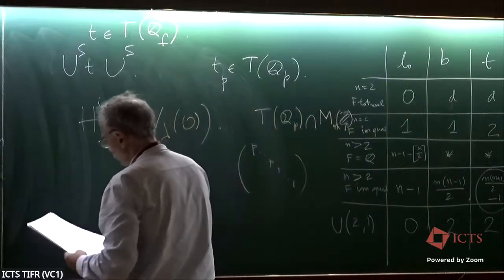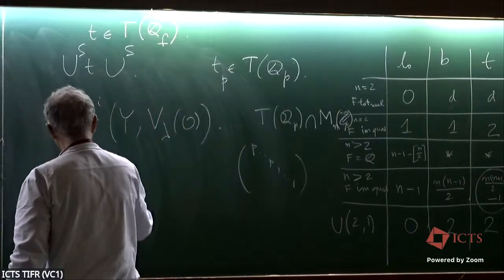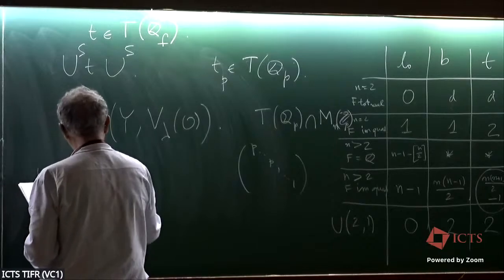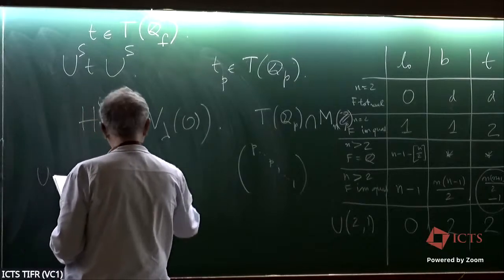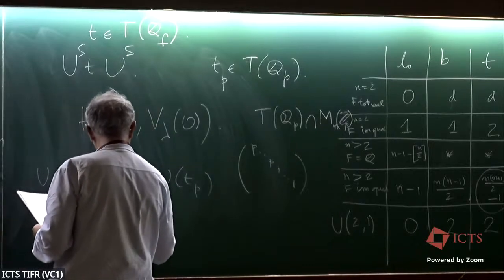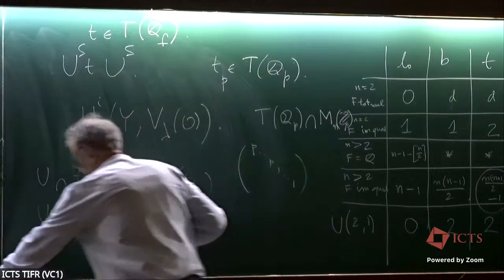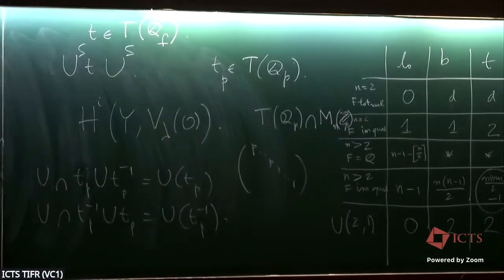The usual way is the following: you consider the group U intersection T_P U T_P^{-1}, maybe I call it U(T_P), and the group U intersection T_P^{-1} U T_P, which I call U(T_P^{-1}). Well, I am a p-adic guy, so you might find these subtleties boring, but that's my cup of tea.